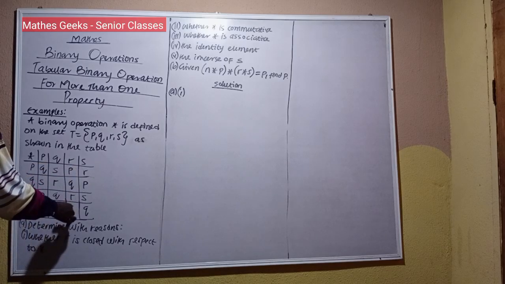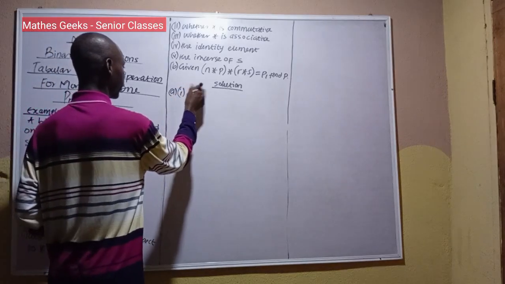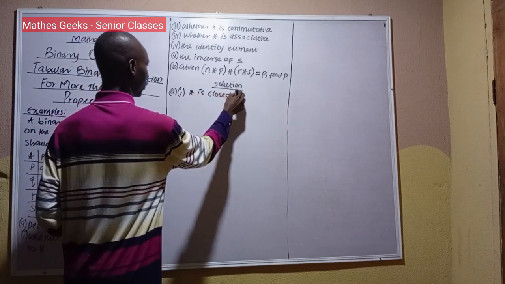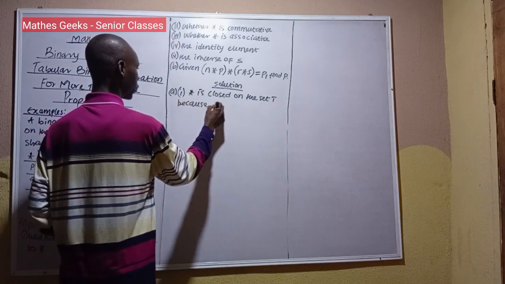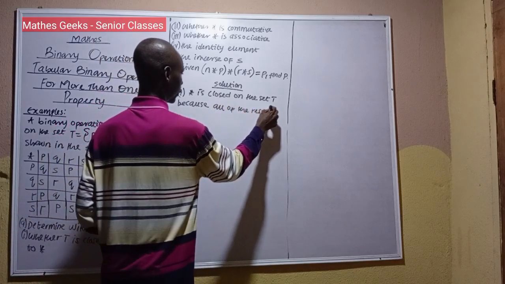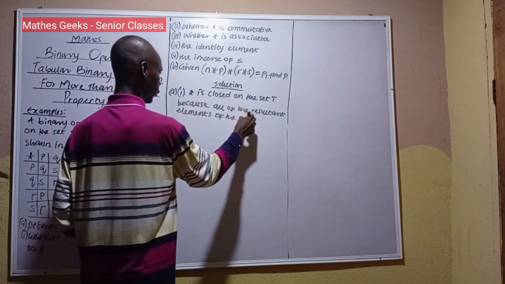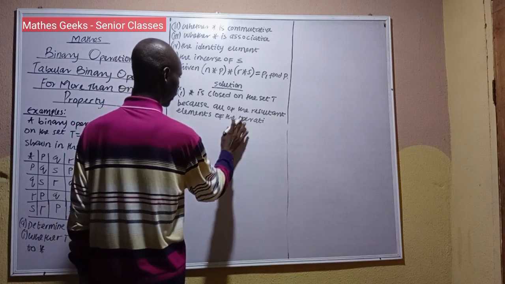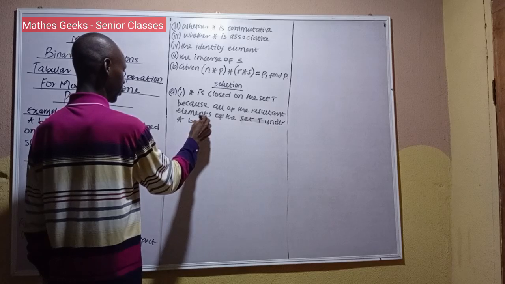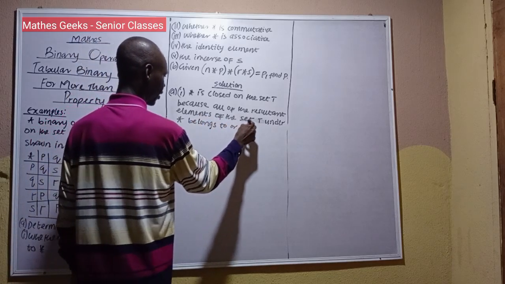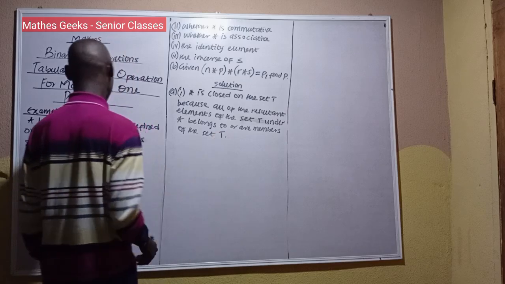Q S P R, S R Q P, P Q R S, R P S Q. So all of the resultant elements are members of the set T. So we see that star is closed on the set T because all the resultant elements of the operation under star are members of the set T.